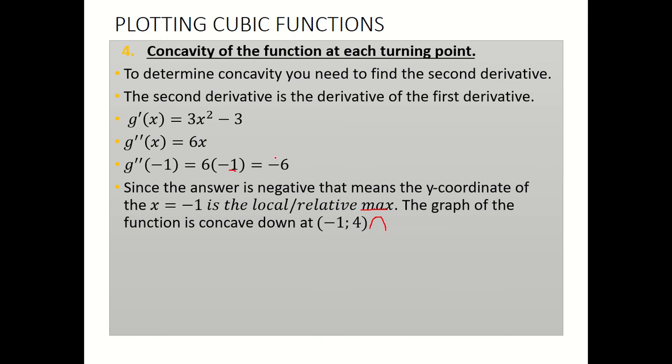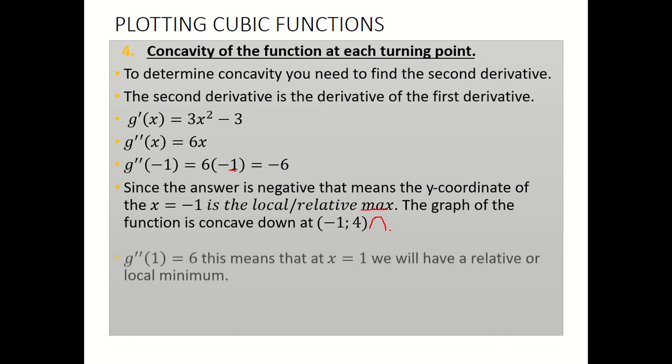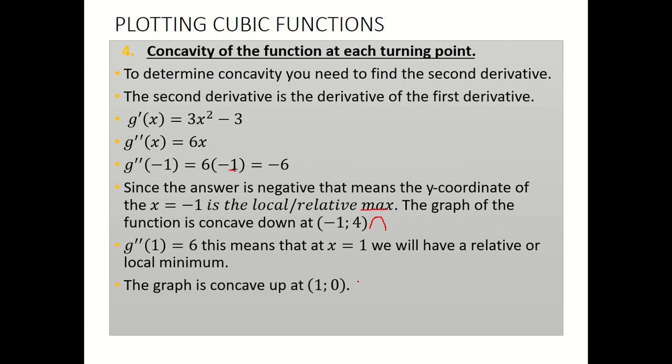So whenever the second derivative is negative, at that turning point, your graph is concave down. Negative second derivative, concave down. Positive second derivative, concave up, all right? Making the y coordinate of your turning point a relative minimum.